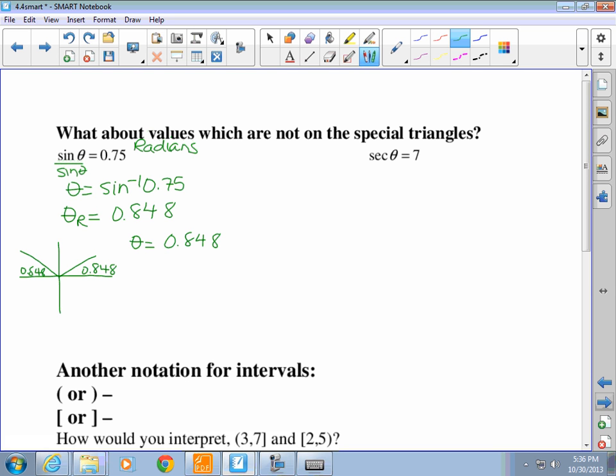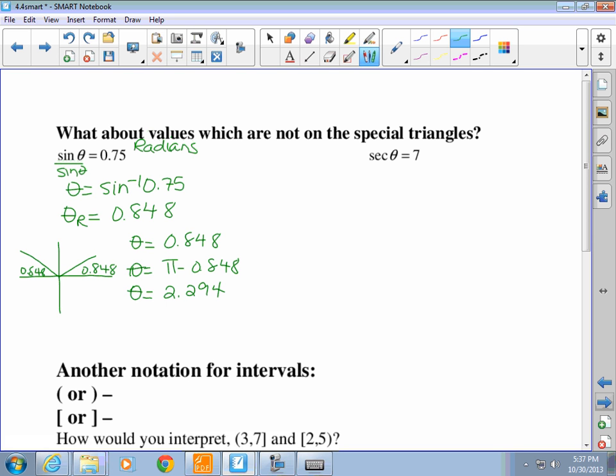My second one, because it's in this quadrant, theta is going to equal pi minus 0.848, and I really should have done that to 4 decimal places. I don't know why I did it to 3, but it's not a big deal. So my answer then is theta is equal to, and it'll be approximate, 2.294. I rounded that.